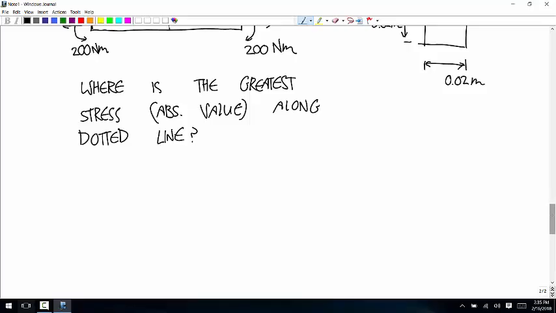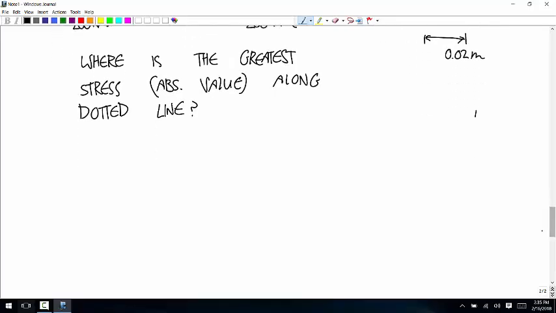All right, so let's calculate the internal loads. So I'll make the cut. We're missing all this.